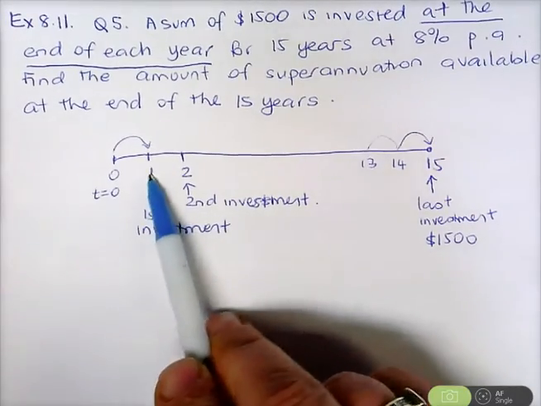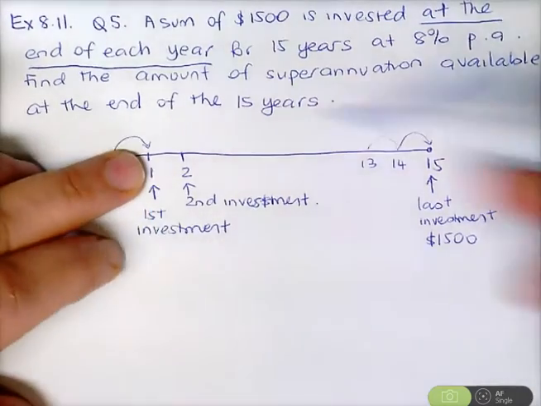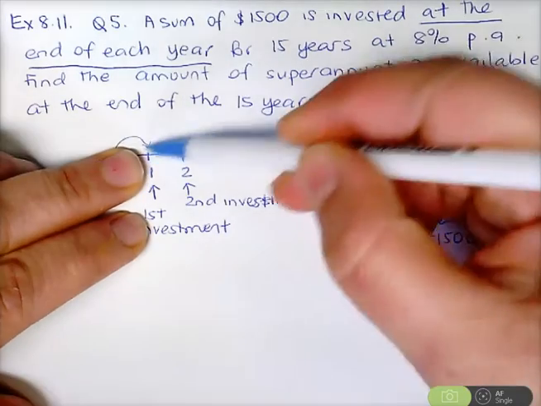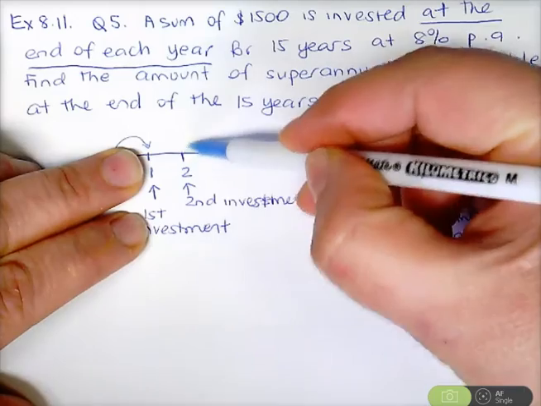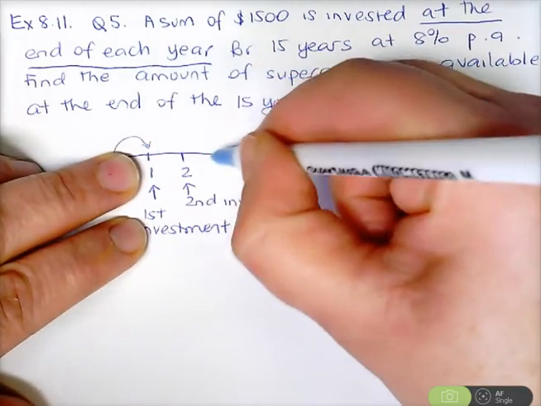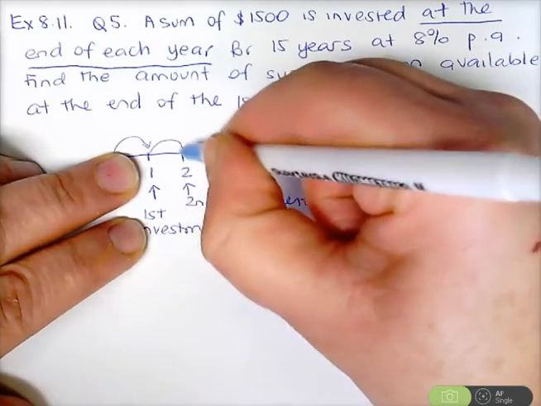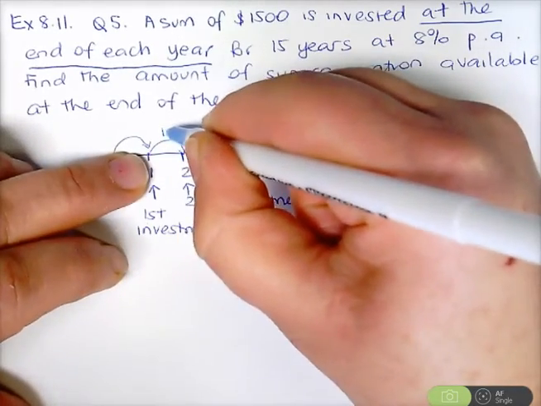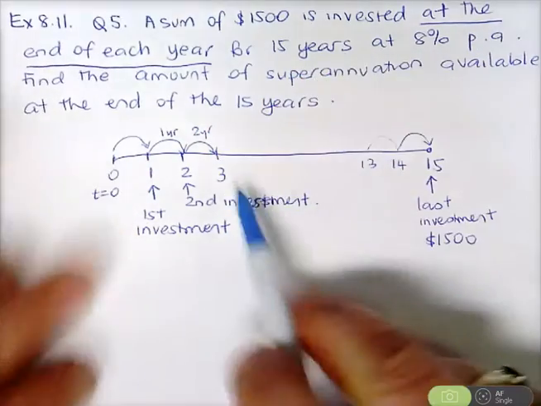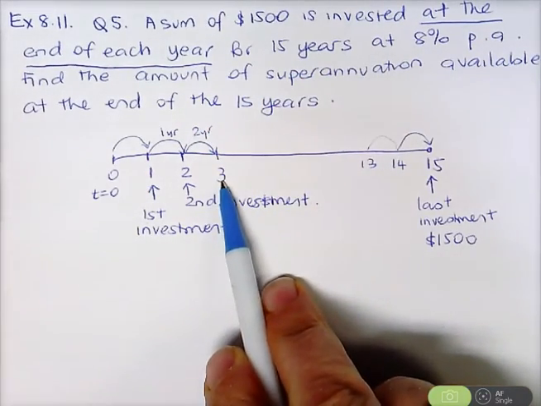So this first investment, because it's made at the end of the first year, if we're going from 1 through to 15, if we see how many jumps, we've actually got 15 minus 1, we've got 14 jumps. This is 1 year that it's been in. This is 2 years that it's been in, and 2 years is taking me to the end of the third year.